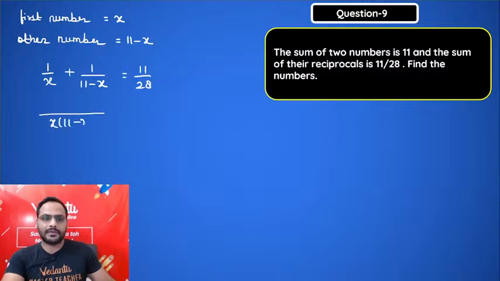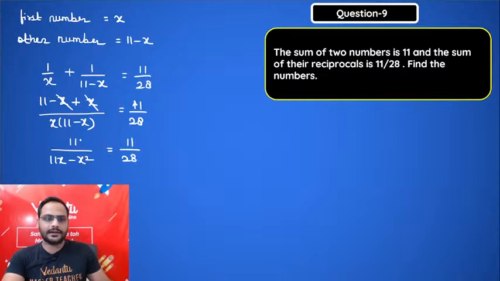x into 11 minus x, here take LCM, 11 minus x plus x is equal to 11 upon 28. Minus x plus x got cancelled. You are left with 11 upon 11x minus x square, and here 11 upon 28. This 11 to this 11 got cancelled. Cross multiply, you will be getting 11x minus x square is equal to 28.